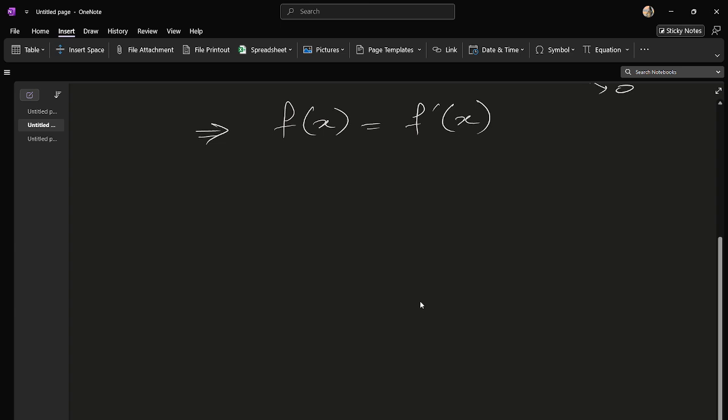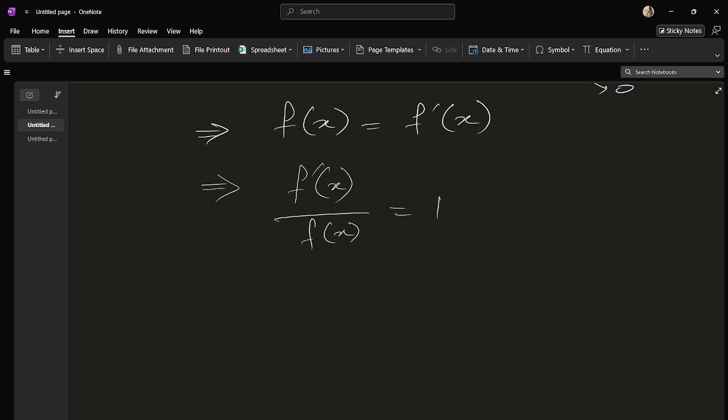So after that, our solution will be: f dash x by f x equals 1.